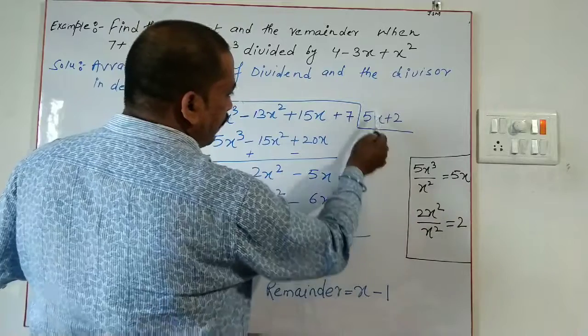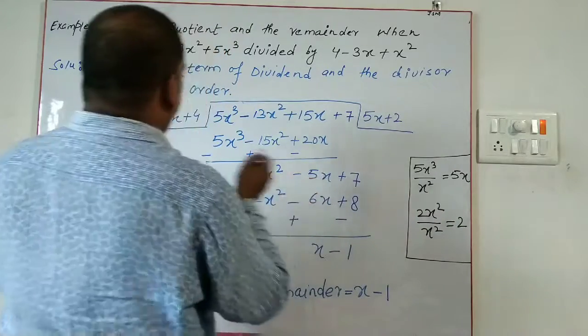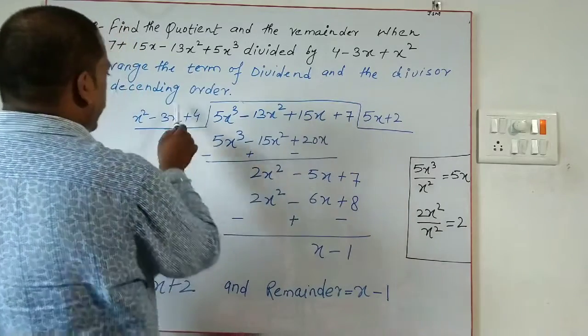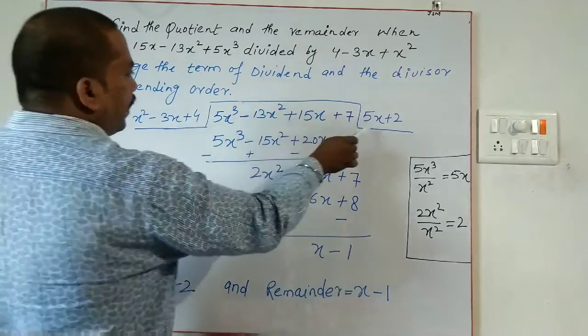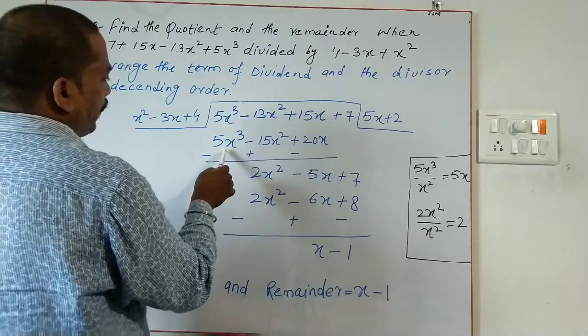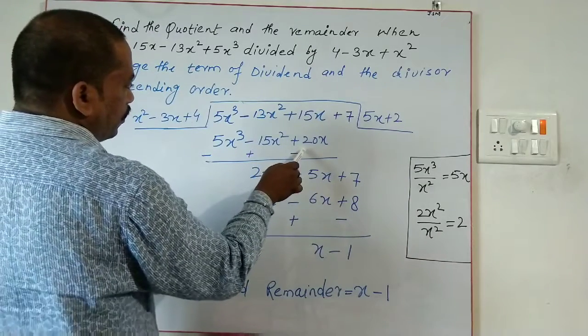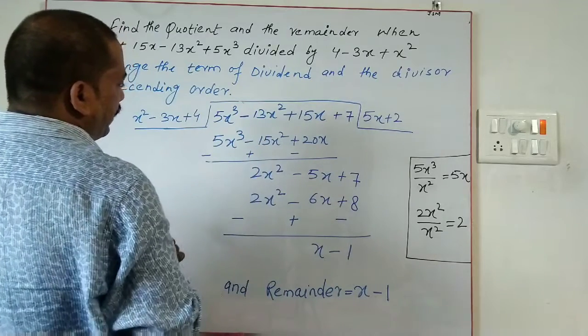So 5x is the first term of the quotient. So we will multiply the whole divisor by 5x. By multiplying the divisor x square minus 3x plus 4 by 5x, we will get 5x cube minus 15x square plus 20x.